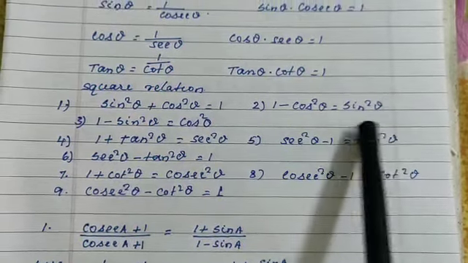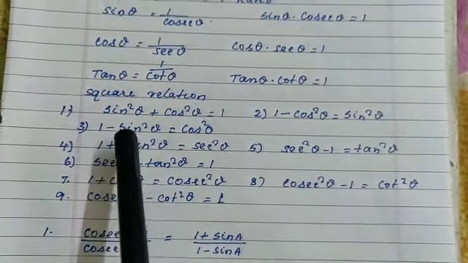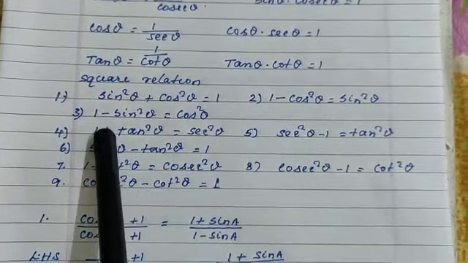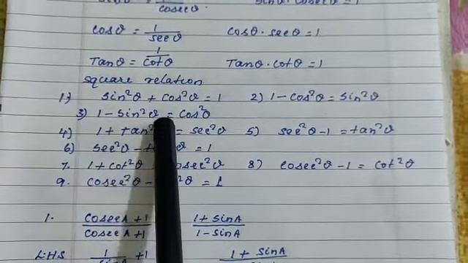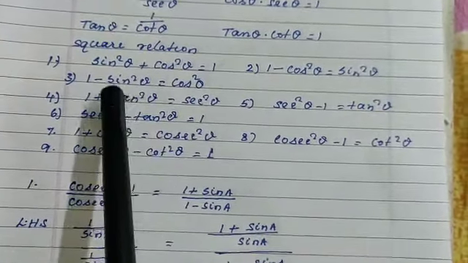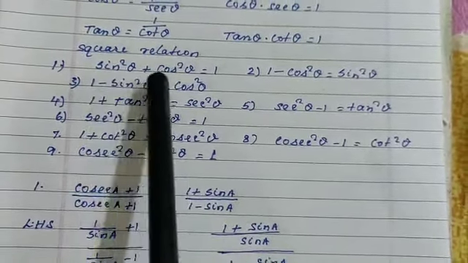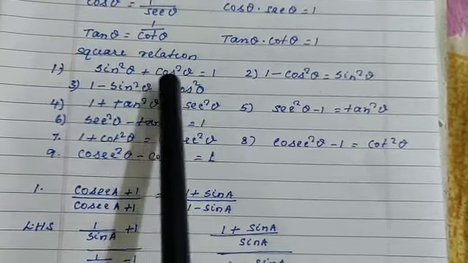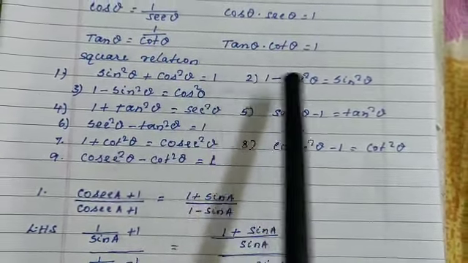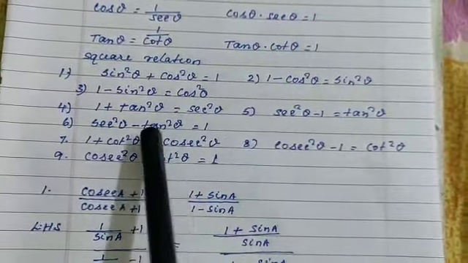This forms a new identity. Similarly, if we take sin square theta to the right side, then 1 minus sin square theta is equal to cos square theta. So from sin square theta plus cos square theta equal to 1, we are deriving two more formulas.